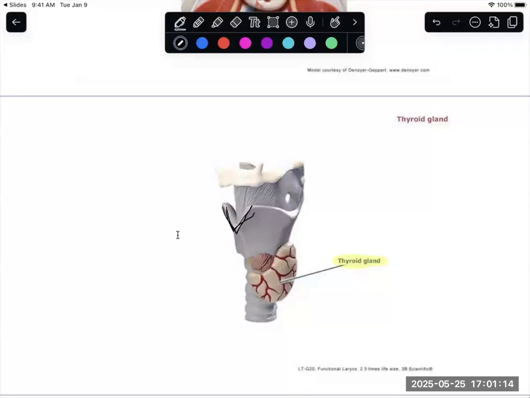Thyroxine, or T4, is the inactive form. It has to be converted to the active form, T3, to be of use in our system. The other hormone that comes from the thyroid gland is calcitonin. Calcitonin, calcium, it's going to help regulate that calcium level.